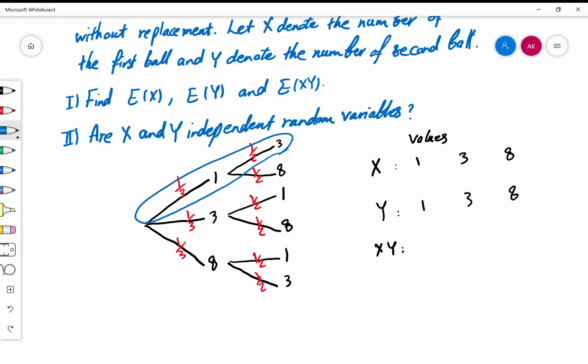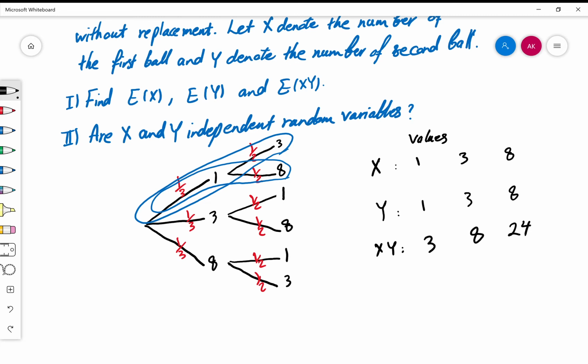It's 1 times 3, it can be 3. 1 times 8 is 8. 3 times 1, again another 3. 3 times 8, we get 24. And 8 times 1, again 8. So the possible values for XY are 3, 8, or 24.